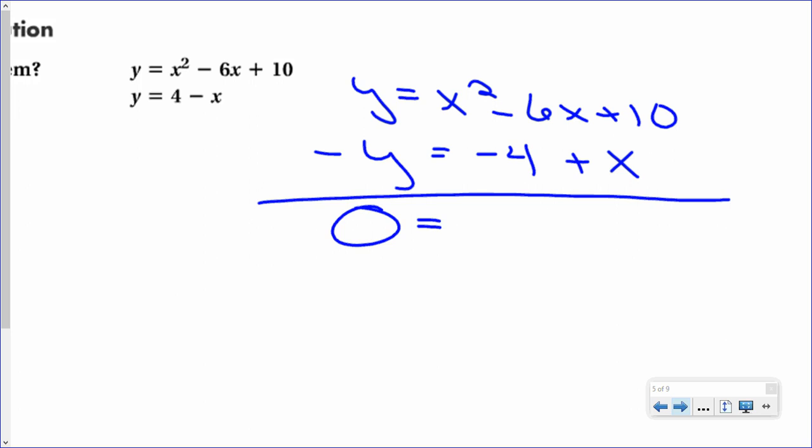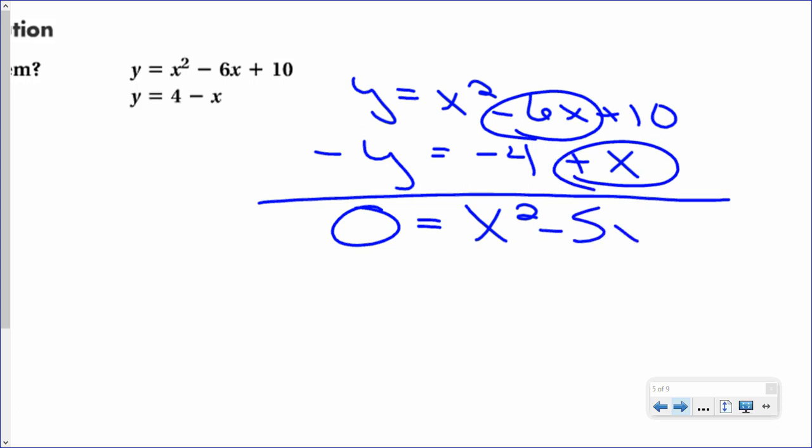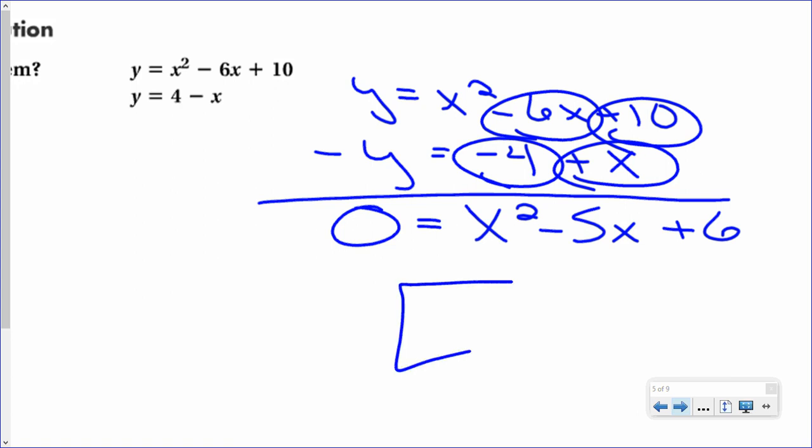Now we just put together like terms. x squared is the highest degree, so that's first. We could put a -6x together with a positive 1x to get -5x. And then we could put -4 together with 10 to get 6. You could use the box method on this one to solve, where we'd have x squared in the top left corner, 6 in the bottom right-hand corner.